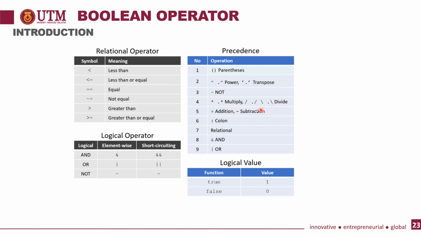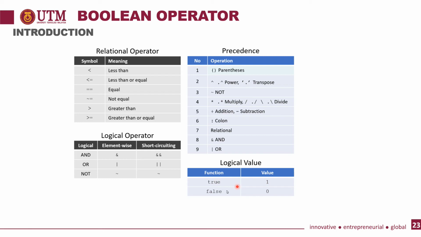The third one is not, and then multiply and divide, then addition and subtraction, then colon, and then relational operators, which are here: less than, equal, not equal, greater than. Then the and operator, and then the or operator. All right. Next is the logical value.